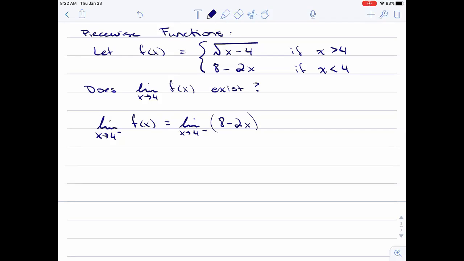There's no reason that I can't just plug in x equals 4 here. For any polynomial, or even a polynomial divided by a polynomial, we're allowed to just plug in the value as long as that value is in the domain. And so 8 minus 2x, you can plug in anything. There's no illegal math here. And so 8 minus 2 times 4 puts me at 0.